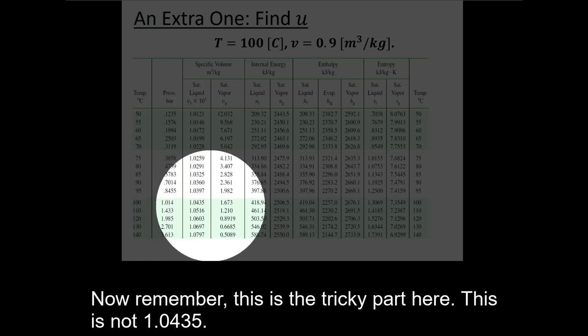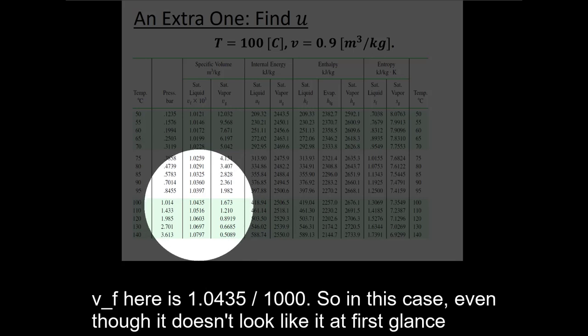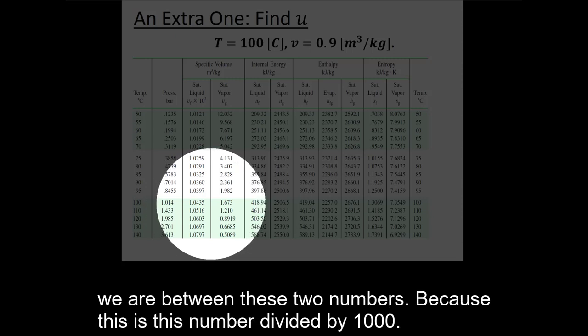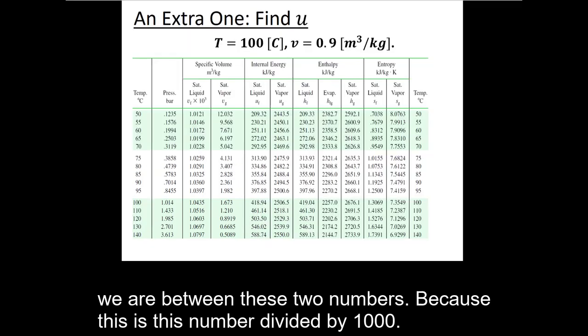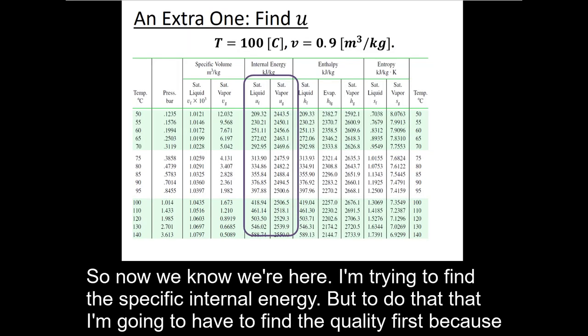Now, remember, this is the tricky part here. This is not 1.0435. VF here is 1.0435 divided by 1,000. So in this case, even though it doesn't look like it at first glance, we are between these two numbers because this is this number divided by 1,000. So now we know we're here.